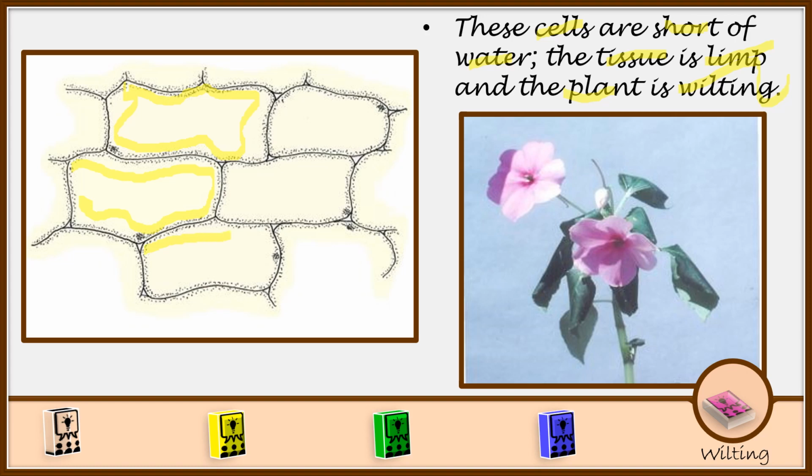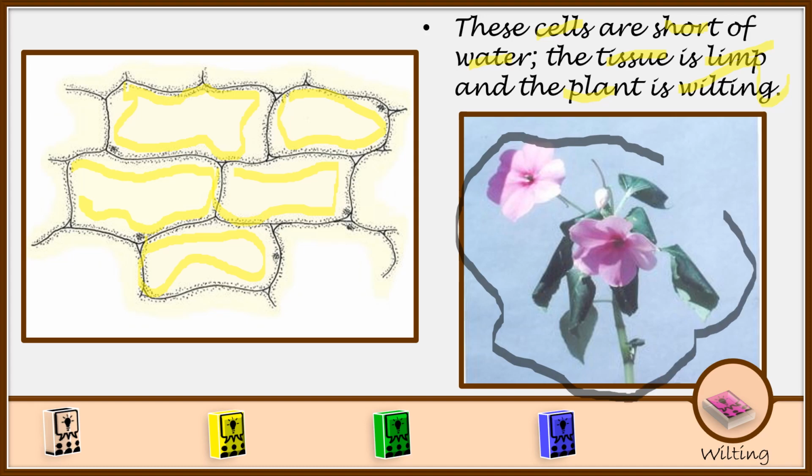But because they have lost water, the tissues are becoming limp. And if they become limp, then we say the plant is wilting. If you look here, you can see that our plant is wilting. The leaves are curling. These curling leaves are a sign of loss of water by osmosis.